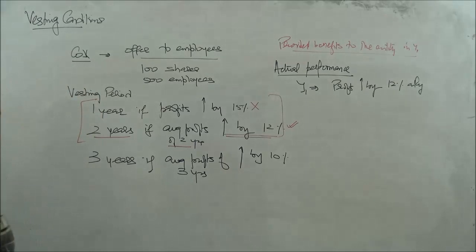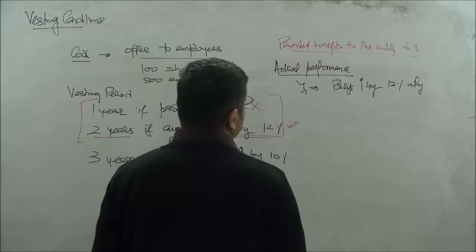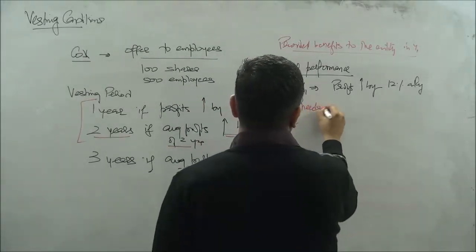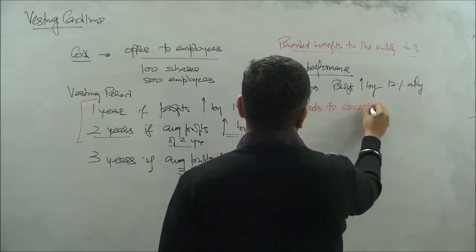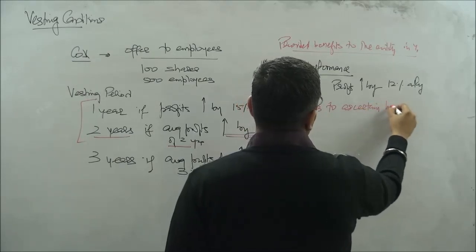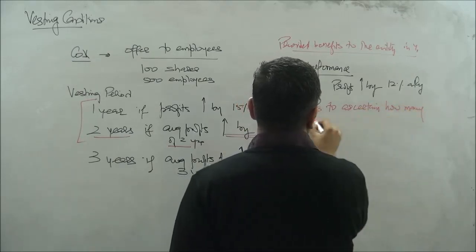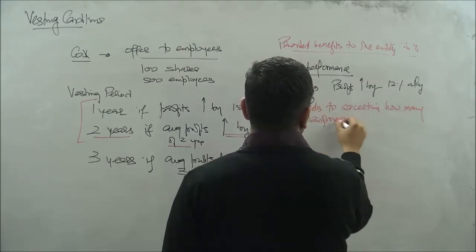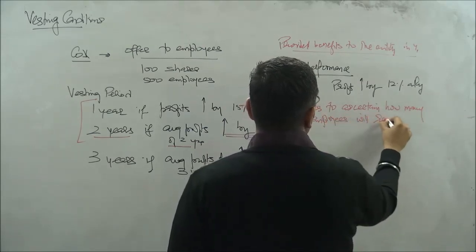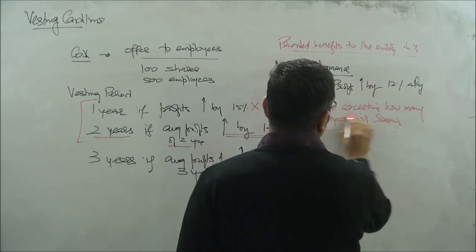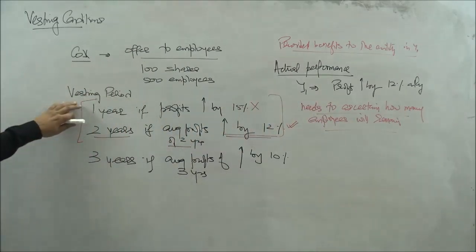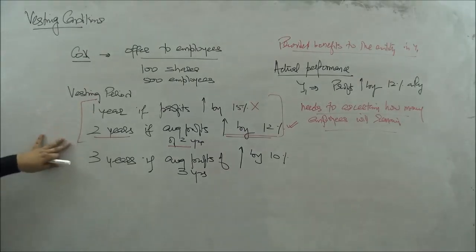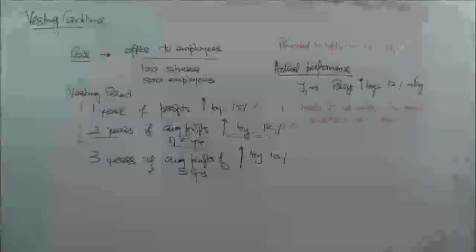to the entity in year 1 as well, and there is an anticipation that they should be able to receive something in year 2, which means that at the end of year 1 the entity needs to ascertain how many employees will remain. So my vesting period is not year 1 anymore, it becomes 2 years here.